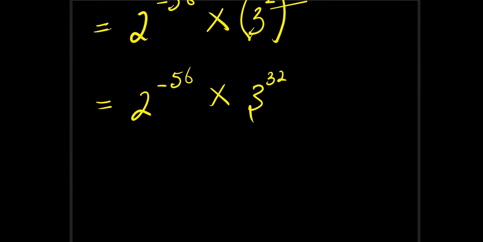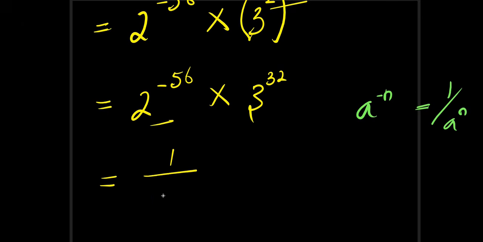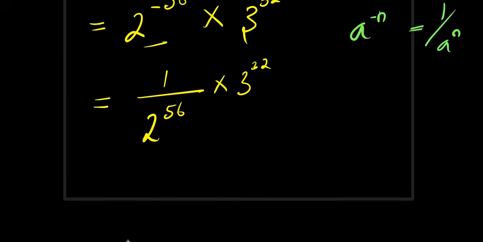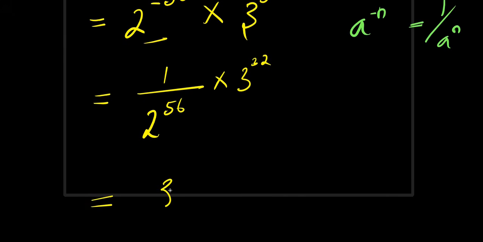Now, if you have a power negative n, this equals 1 over a power n. Applying that here, we have 1 over 2 power 56 times 3 to the power of 32. So right now, this equals 3 power 32 divided by 2 power 56.